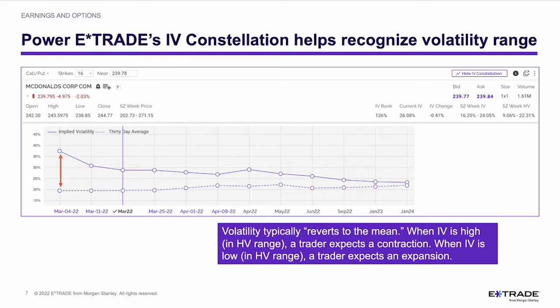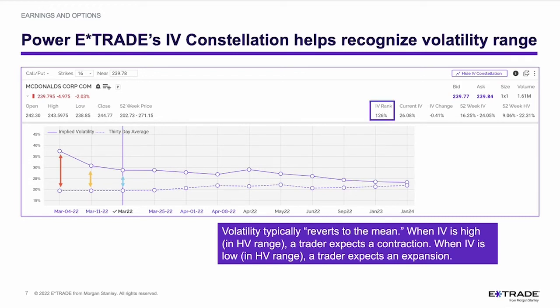You can see that the implied volatility is quite high, quite extended or expanded from where we'd anticipated. And then as we go out in time, there is a tighter or lower delta between the 30-day average and the implied volatility.